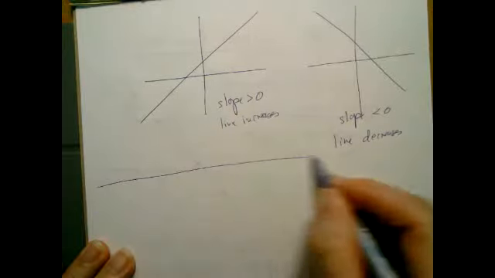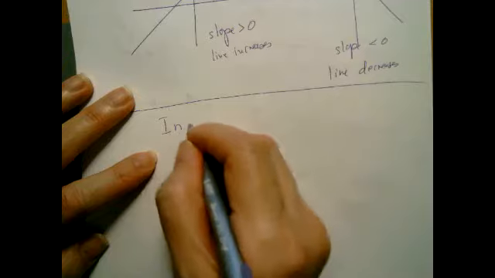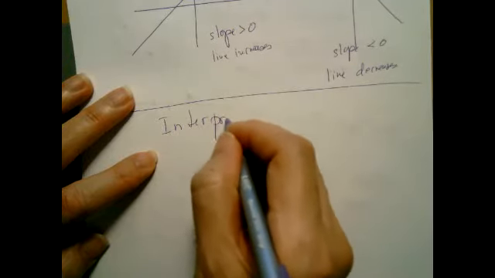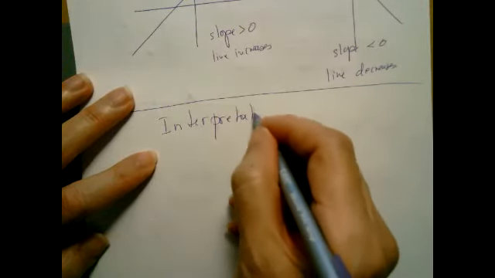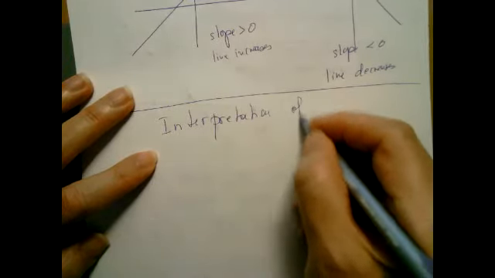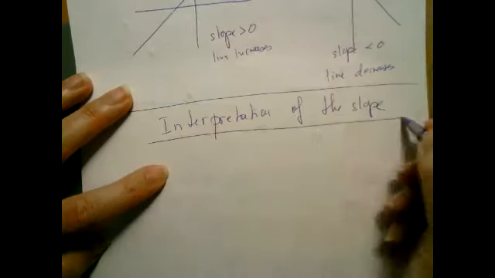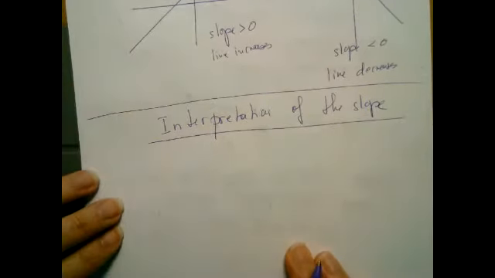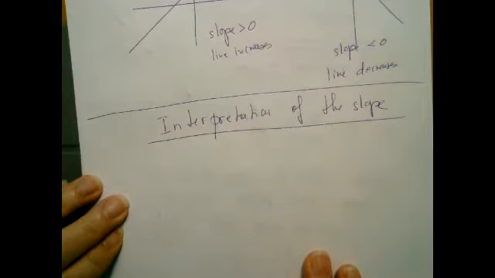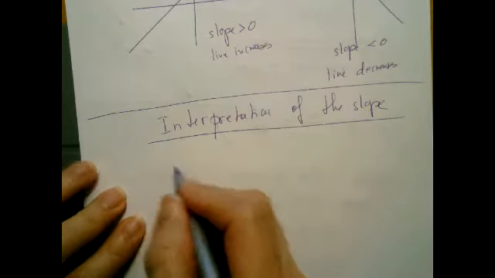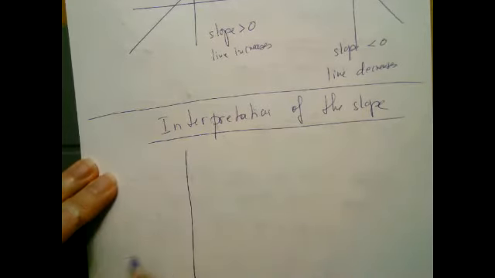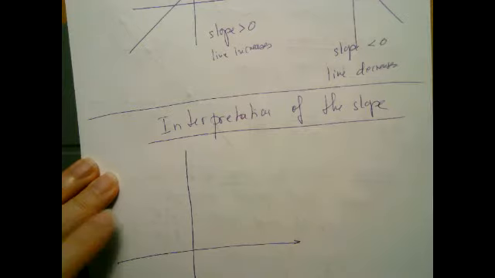Very good. Now, a little bit more about the slope for a line. So some interpretation of the slope. We will talk a lot about the interpretation next time when I have problems that have physical meaning. For now, geometrically, what does the slope mean? Suppose I'm going to draw a line for you. Just a line.